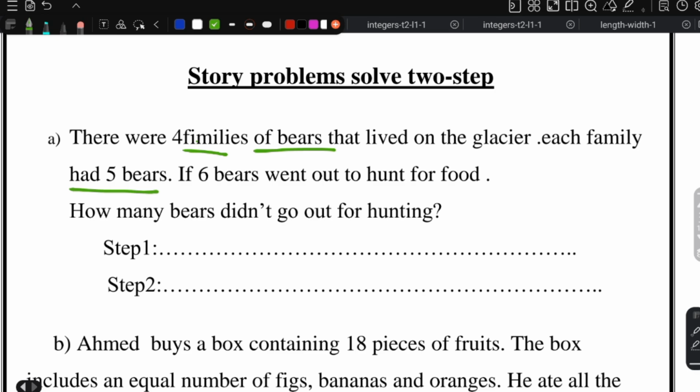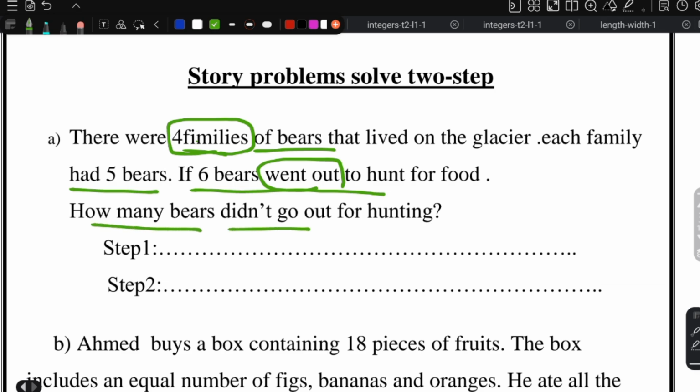So I have 4 families, and each one of them has 5 bears. If 6 bears went out, it means they went away out of the families. So how many bears did not go out for hunting?